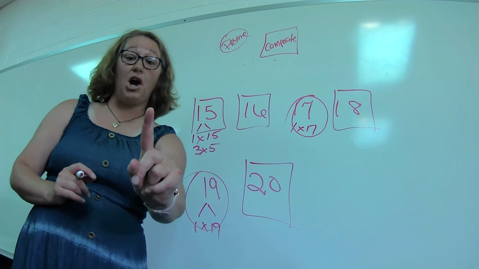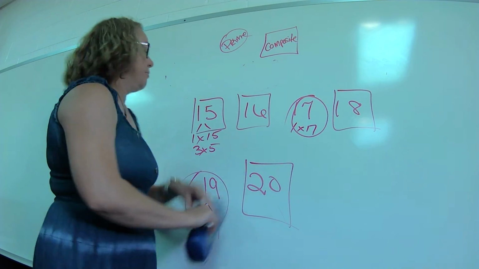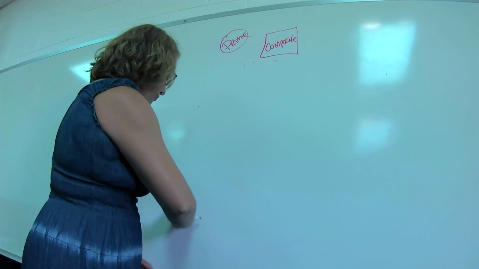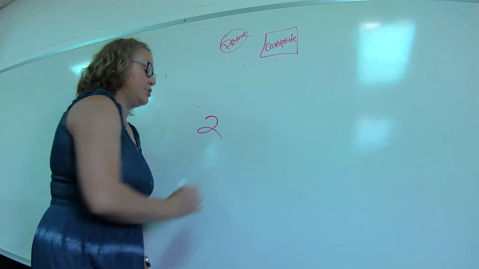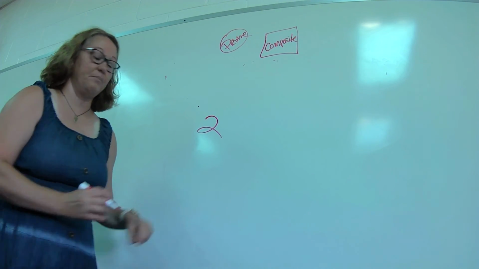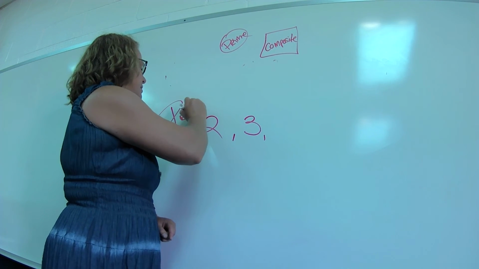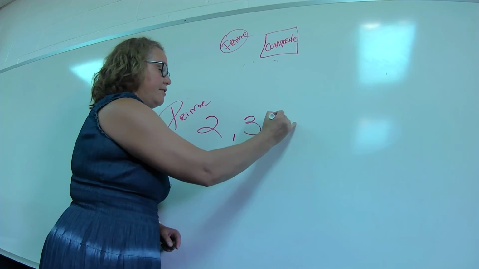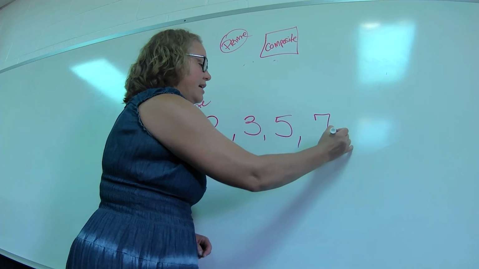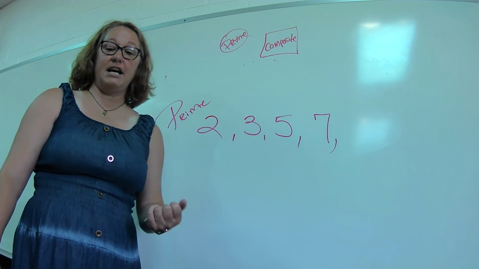All right, let's see if we can go back and write the numbers 1 through 20 that are prime. Well, we won't start with 1. Why won't we start with 1? Because it's neither prime or composite. So we'll start with our first prime number, 2. The only even number that's prime. Then we said 3 was prime. We said 5 was prime. 7 is prime. Is 8? Nope. 8's even. Is 9 prime?